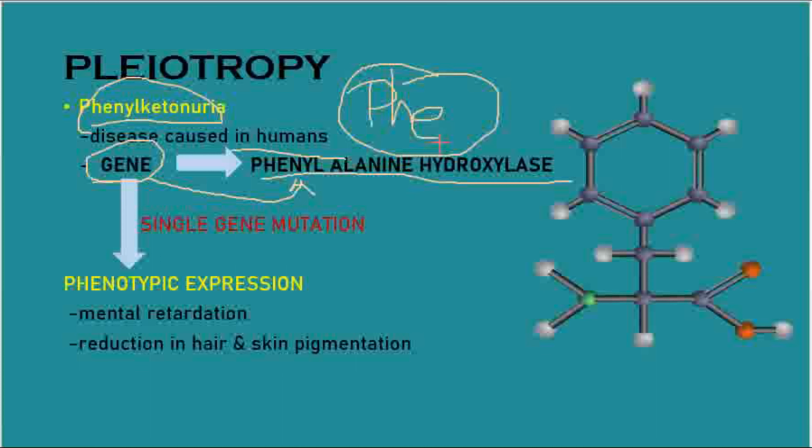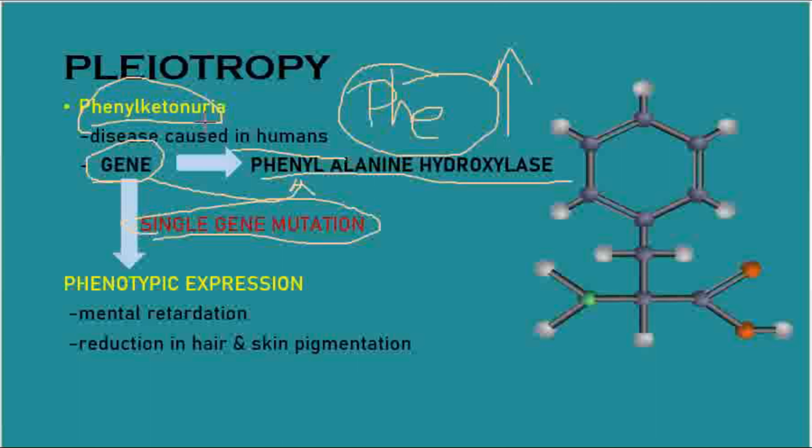Okay, so when there is a single gene mutation, imagine the gene is getting mutated, there is a change in the gene. When there is a sudden change in a gene, this enzyme will not be fully functional. So in turn, the phenylalanine can't be broken down, which results in buildup of phenylalanine amino acid in our body.